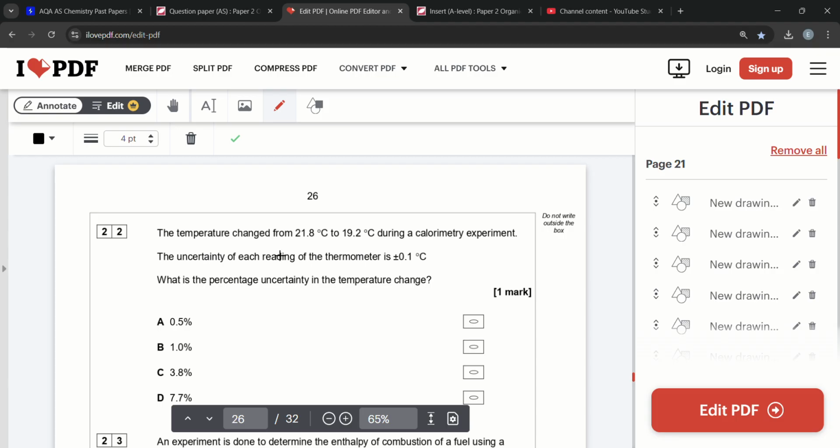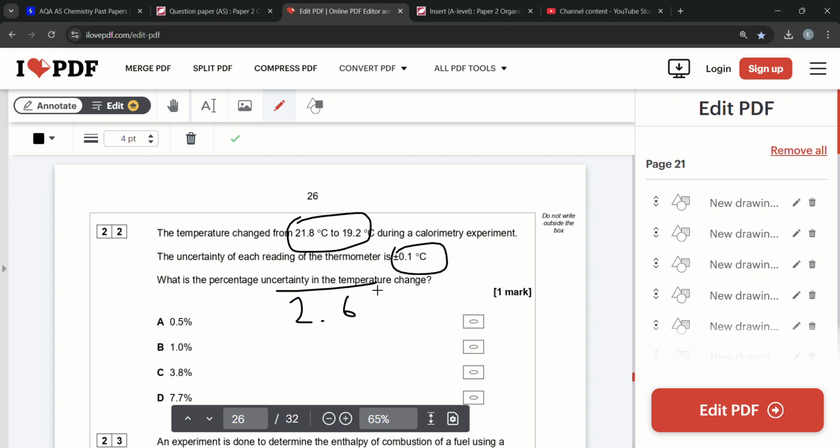The uncertainty for this is the temperature change from this to this during a calorimetric experiment. What is the percentage uncertainty? So let's calculate the difference in temperature. You don't need to go into Kelvin, remember, it's a change. 2.6 is the total change. The uncertainty of each of the readings is that.